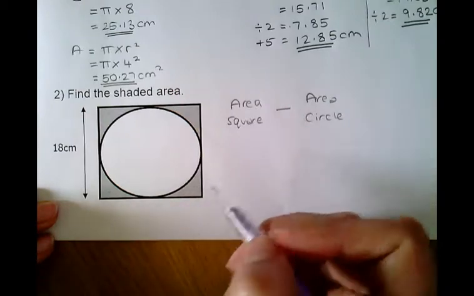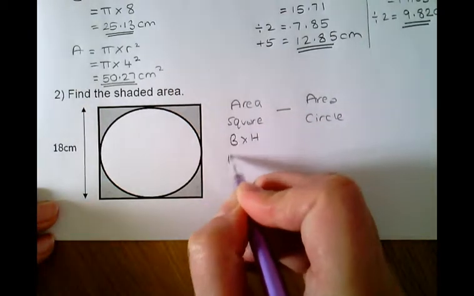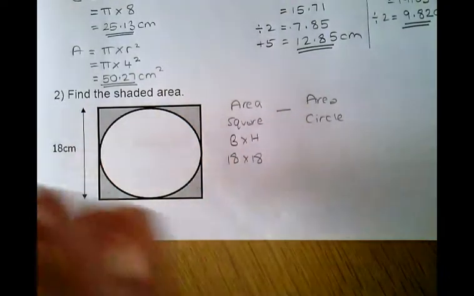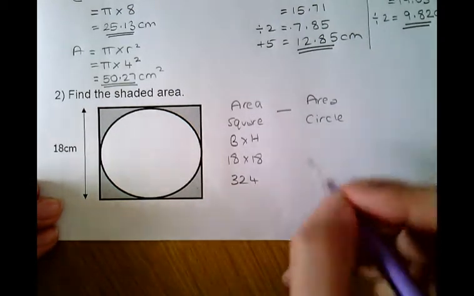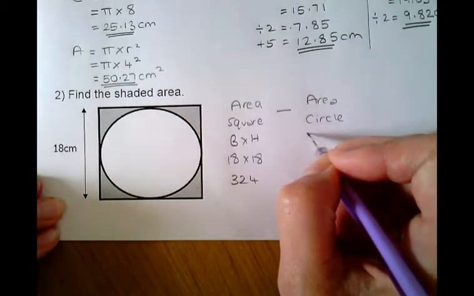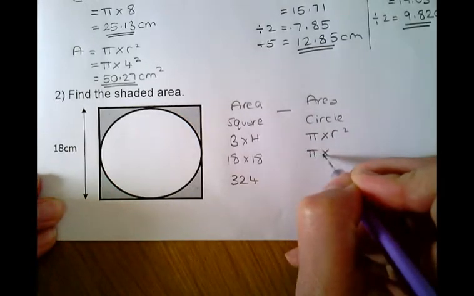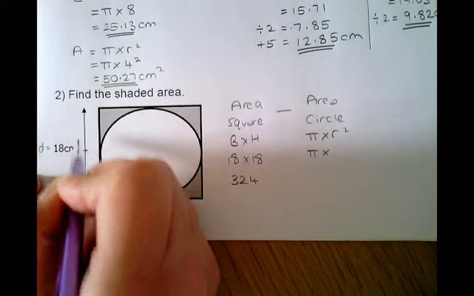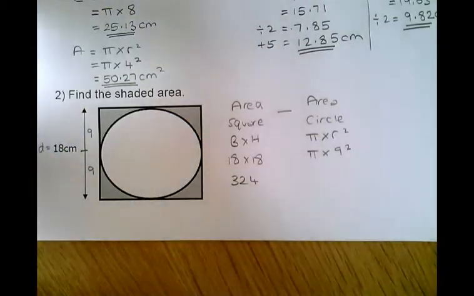around the corners. So the area of the square is just base times height, so that would be 18 times 18, so times those together, 324. And then for the circle, so the area of the circle is pi times radius squared, so pi times, again here your diameter is 18, so your radius split in half would be 9 and 9, so you would do pi times 9 squared.